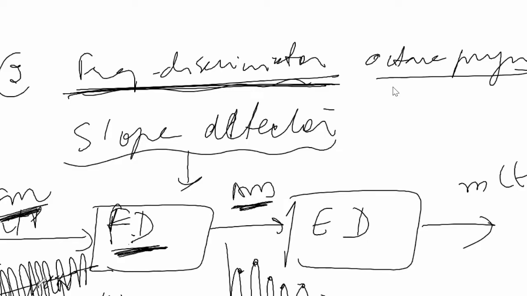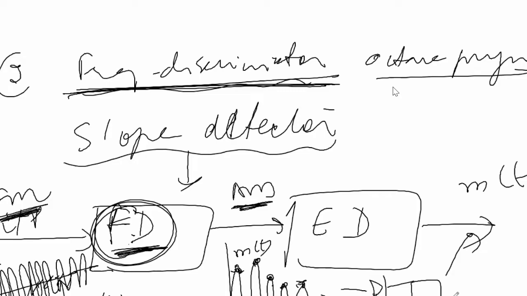That means now the amplitude of the carrier signal is carrying our message signal. Once it gets converted to AM, we apply it to the envelope detector to extract the message signal. The working of the envelope detector you are already aware of, and we will get back our message signal using this slope detector.